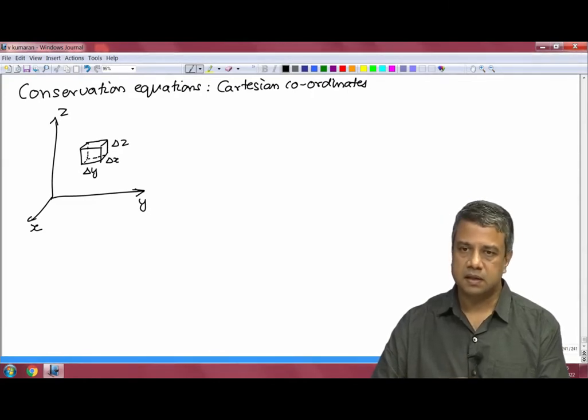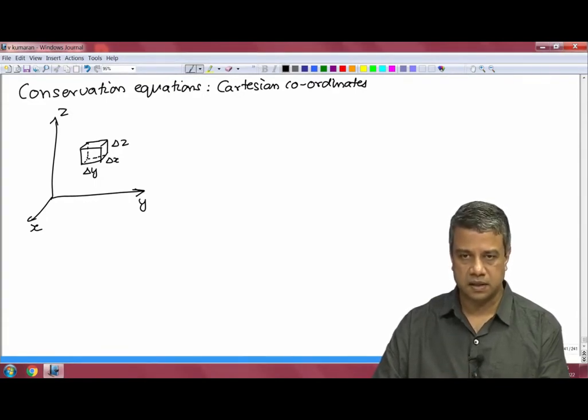So, this balance condition for this differential volume, you write down the balance over a time delta t, divide by volume, divide by delta t, and then take the limit as delta x, delta y, delta z and delta t all go to 0, okay, and you get the conservation equation.